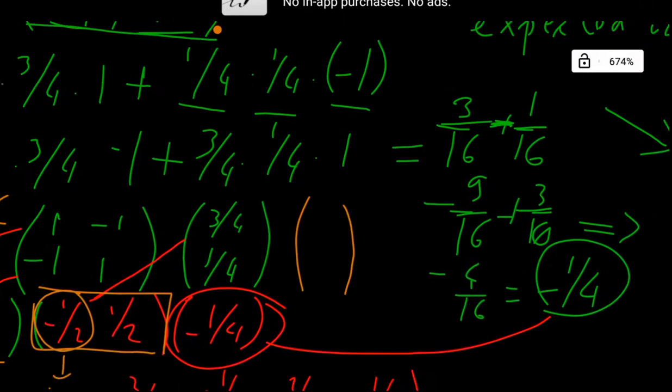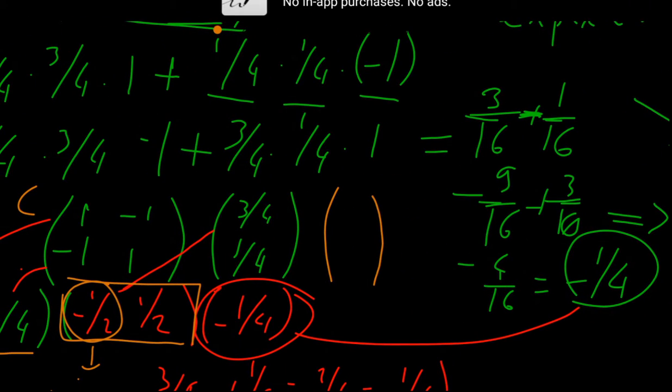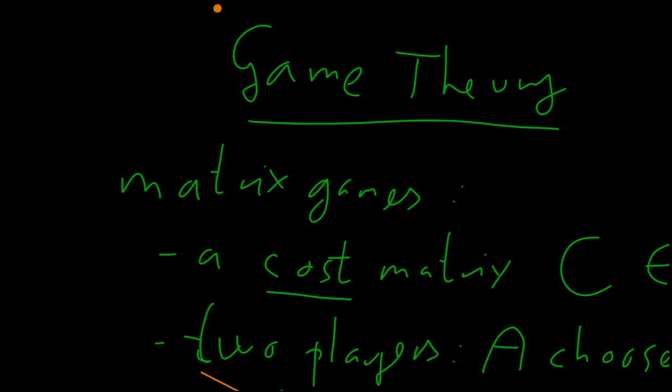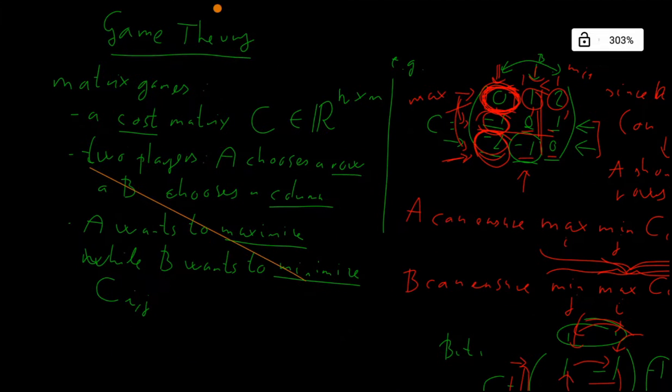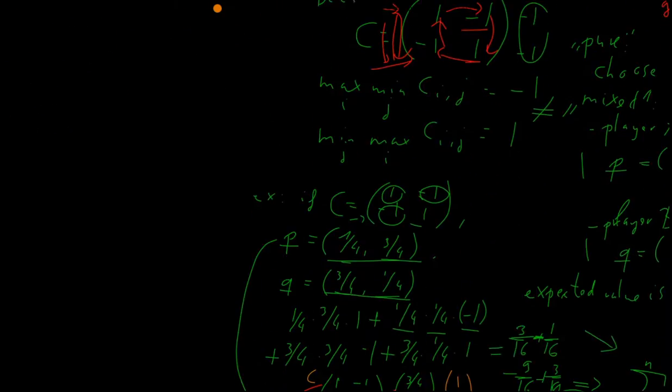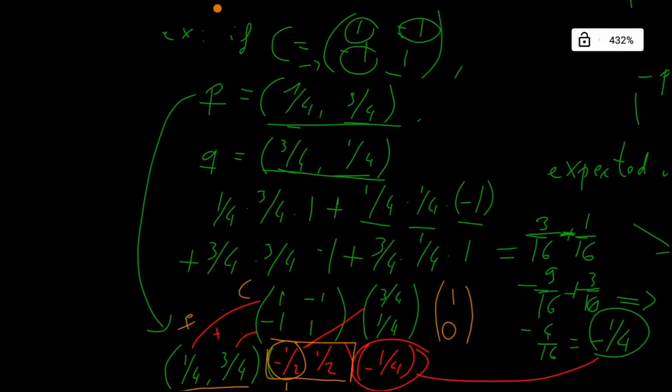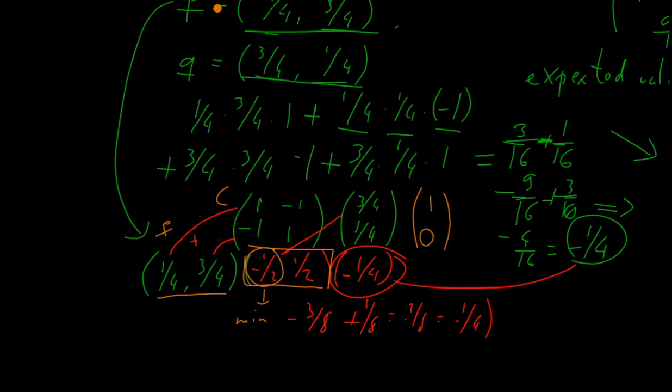since minus 1/2 is the minimum of this vector, it makes sense to always choose the first one. And if player A plays according to this strategy written there, then an optimal counter strategy is a pure one for player B. And this is always the same thing.